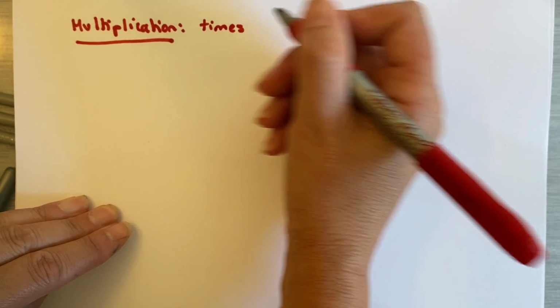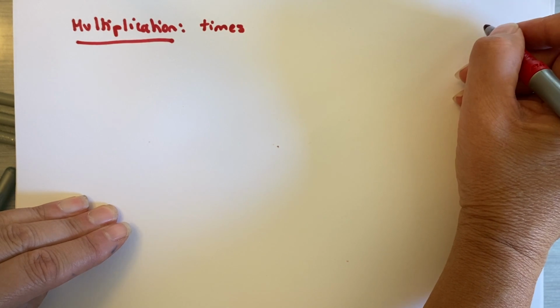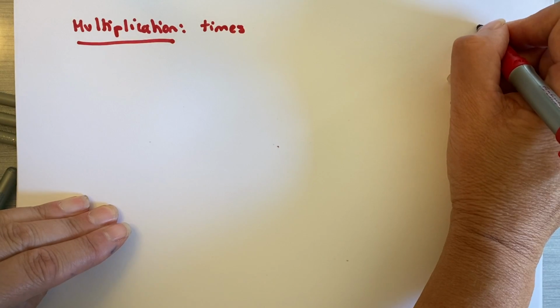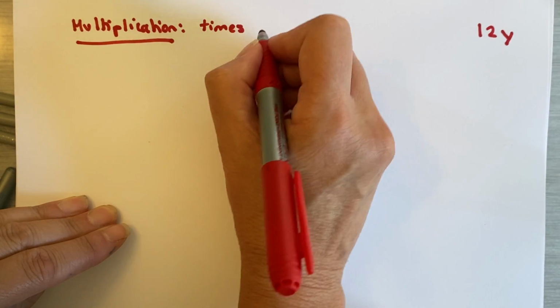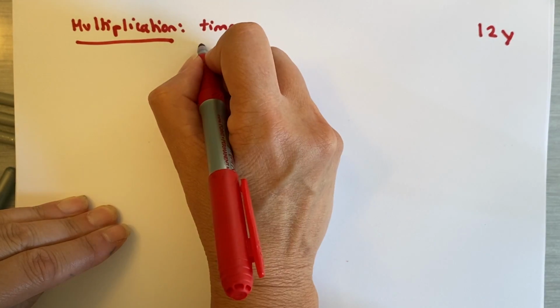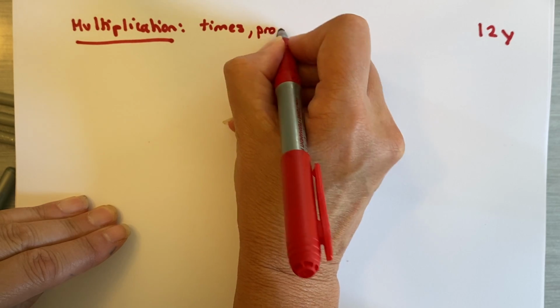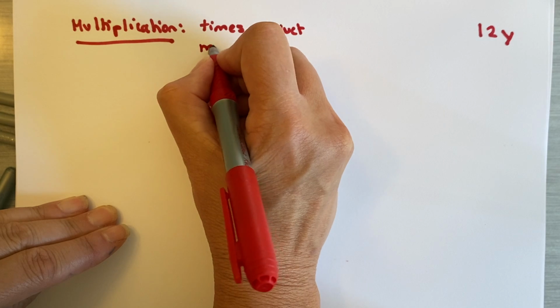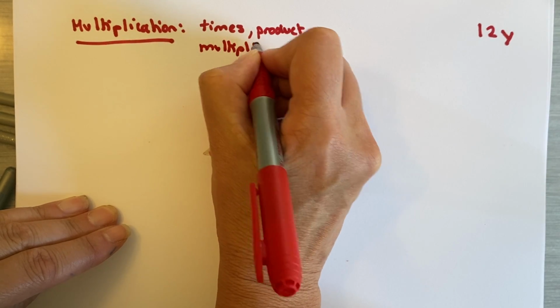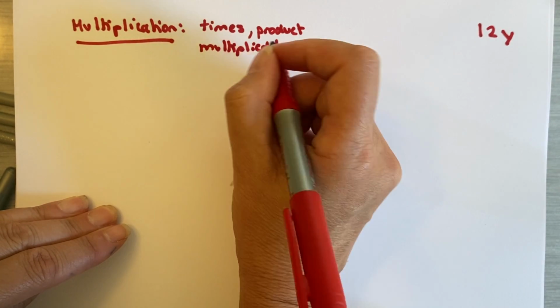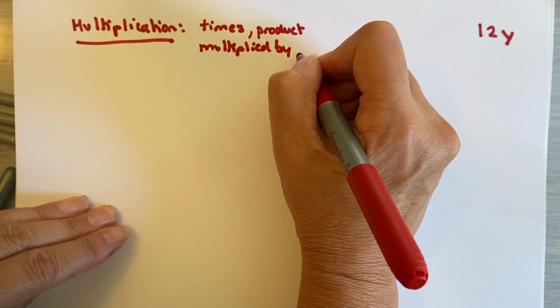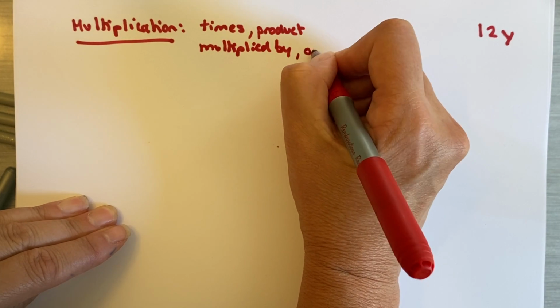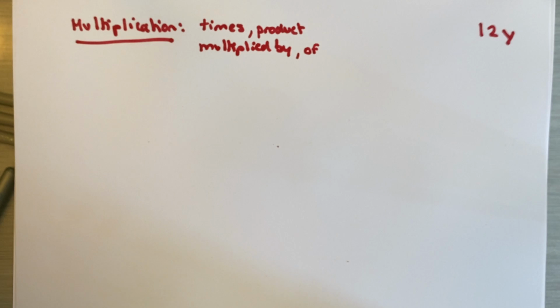And actually, just as an example, we'll do this. I'll put this on the right. 12y: times, product, multiplied by, and this you should have learned in Saxon, of.